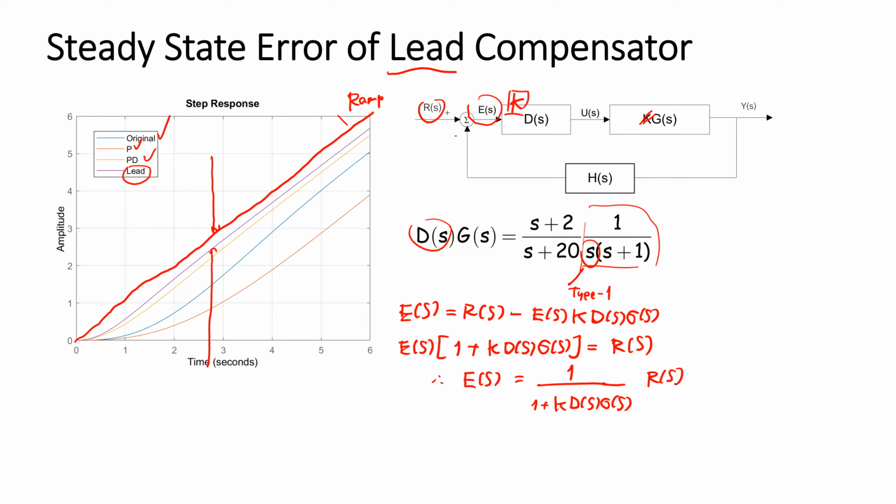For a ramp input, one per S square, the steady state error is S multiplied by the E(S).